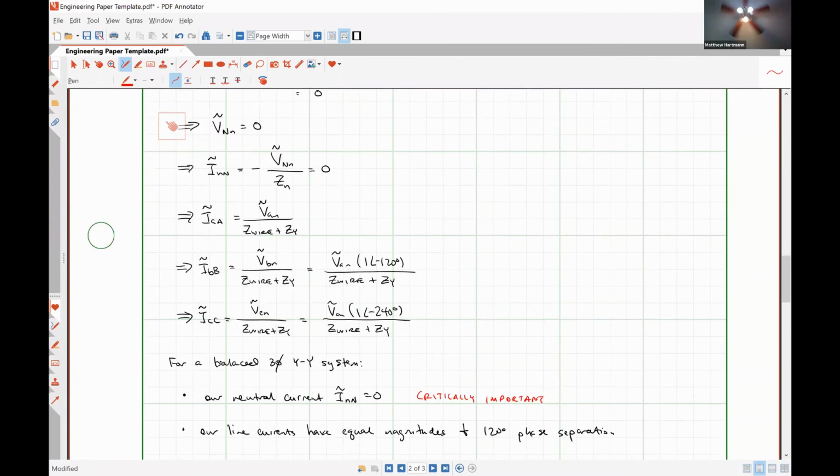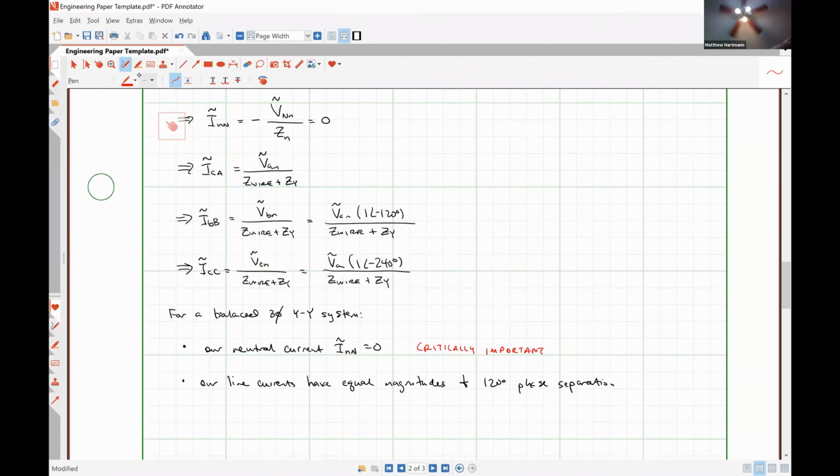So we can say then that all of our phase currents in the system, whether they're at the source or the load, have equal magnitudes and 120 degrees of phase separation.